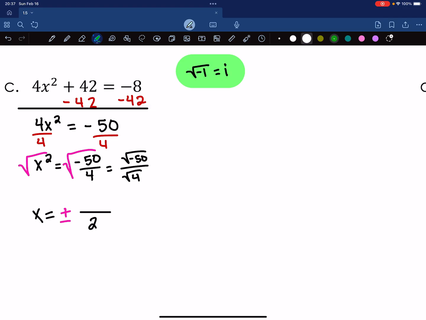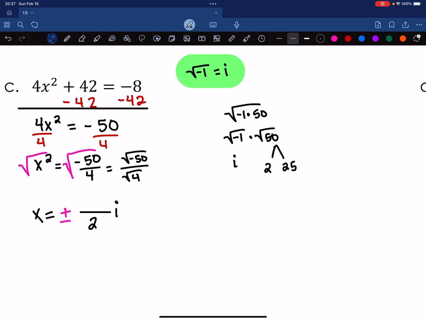Okay, so because we're taking the square root of -50, that is the same thing as the square root of -1 times the square root of 50. So we're going to get the imaginary unit from here. So our answer will have the letter i. Okay, now we need to break down 50. 50 breaks down into, 2 doesn't go in, 2 times 25.